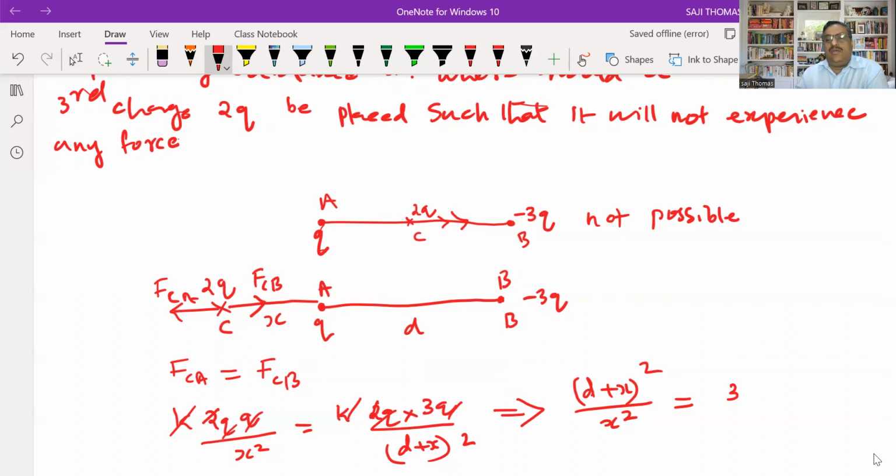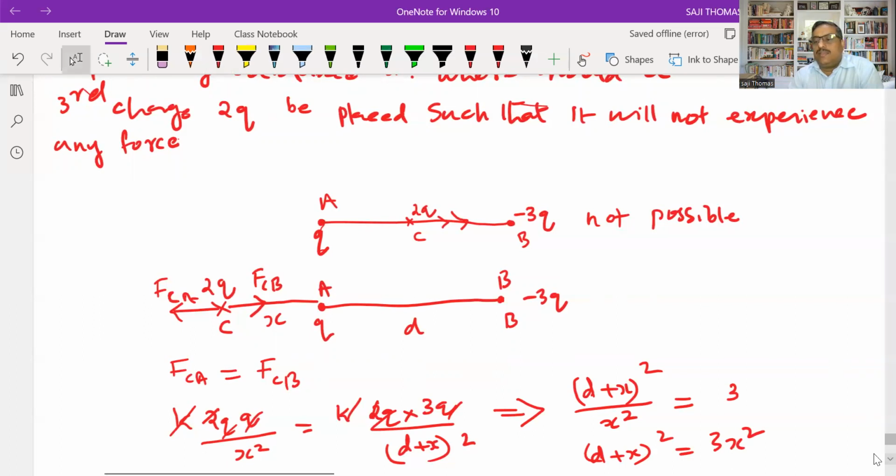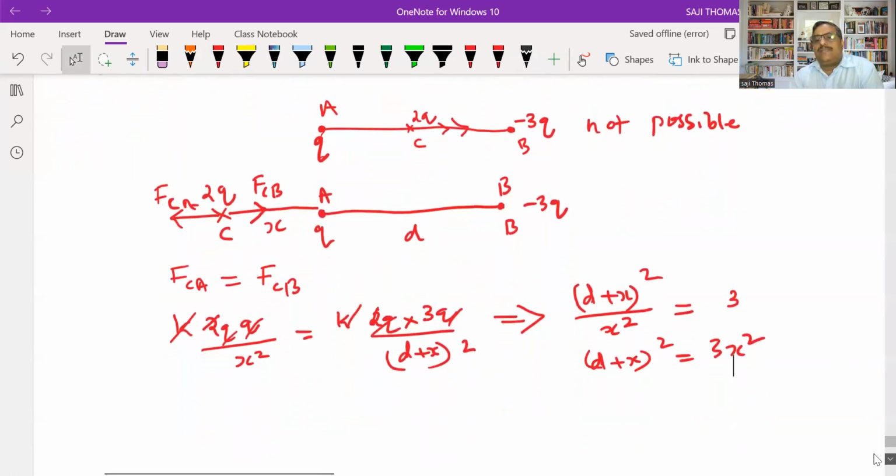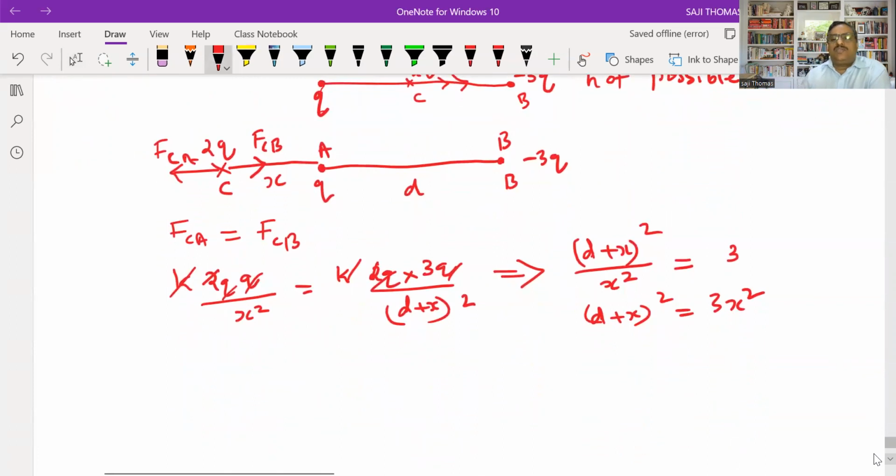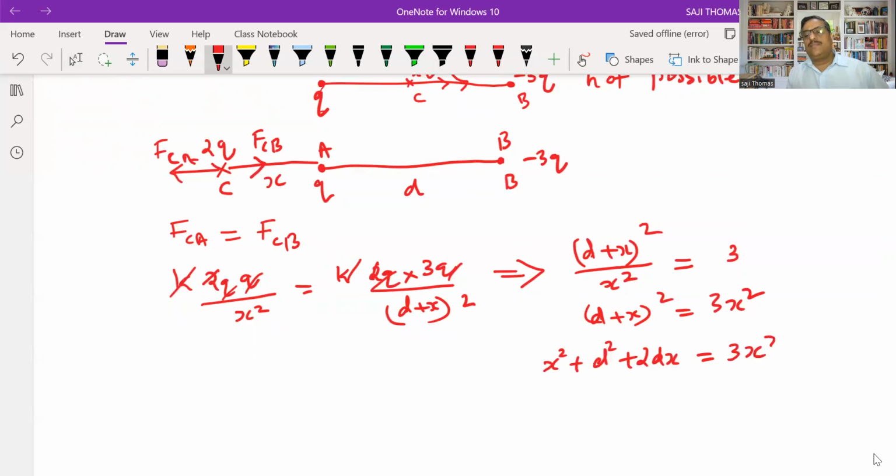Now if you cross multiply, (d plus x) the whole square will be 3x square. Now you can expand this using the formula (a plus b) whole square equals a square plus b square plus 2ab. So here it is x square plus d square plus 2dx is equal to 3x square.